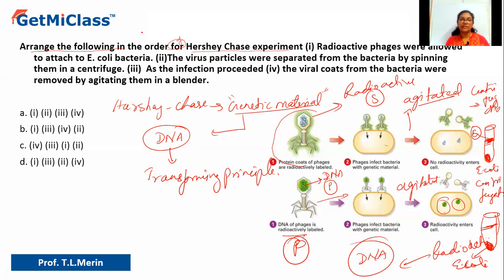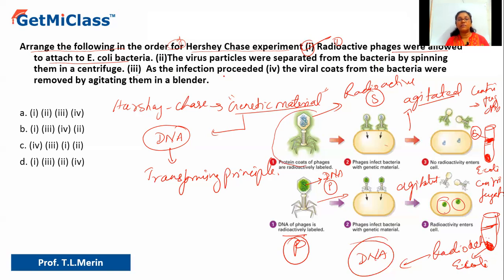So let us see the basic steps they have mentioned here. Radioactive phages were allowed to attach to E. coli bacteria. That is the first step, absolutely right. The second one says the virus particles were separated from bacteria by spinning them in the centrifuge. No, this is the last step. The third one says as the infection proceeds.